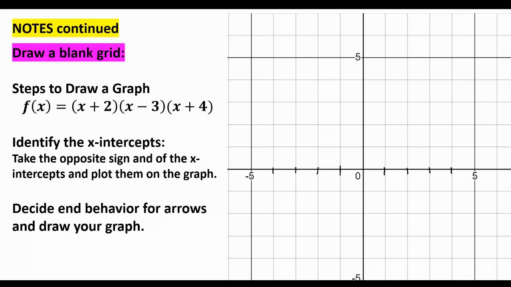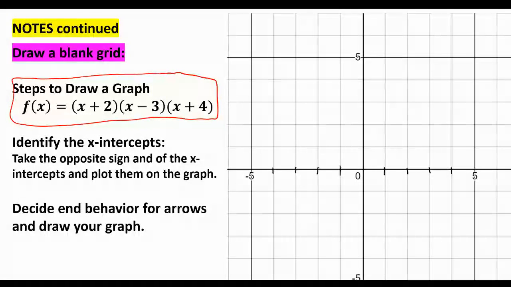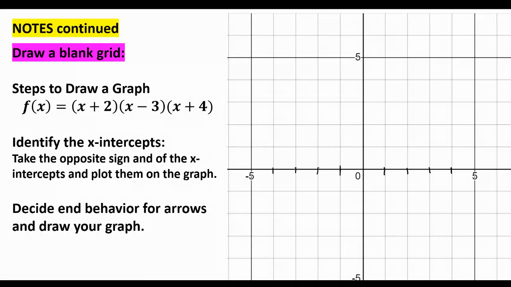Okay, so I want you to write down steps to draw a graph and write that function down and those steps. If you haven't done that, you need to pause the video and write that down because we expect you to write all of that as your notes. Hit pause if you need to.